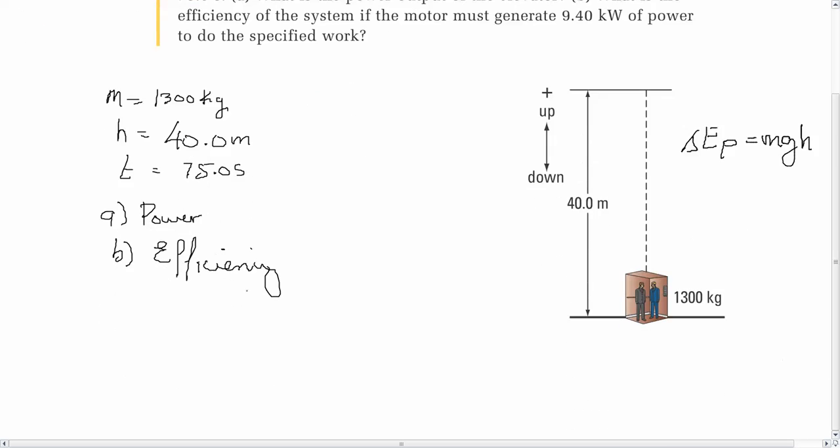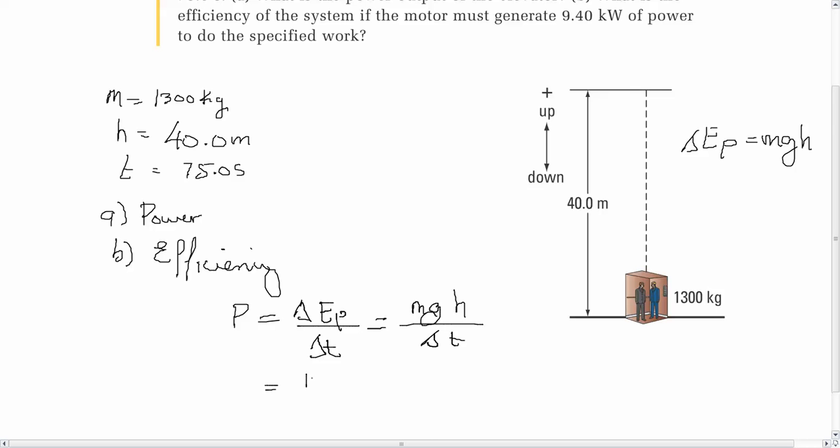So we're going to calculate our power by looking at the change in potential energy, delta EP, divided by the elapsed time, change in time. In this case, that's mgh divided by our change in time.